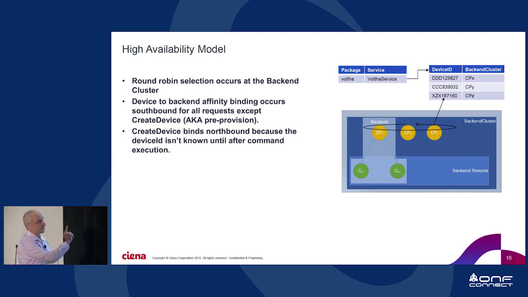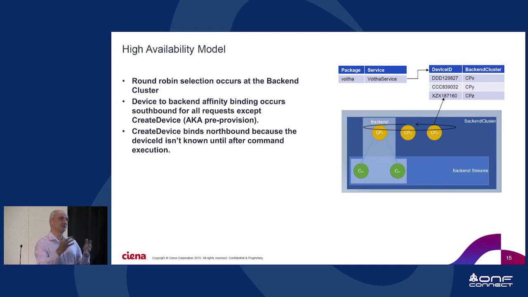So there are 2 modes of binding that occur in here. One is southbound binding, which means that when a southbound request hits the Affinity Router, it will check to see if the device has already been bound to a virtual core pair. If it hasn't been bound, 2 things can happen.